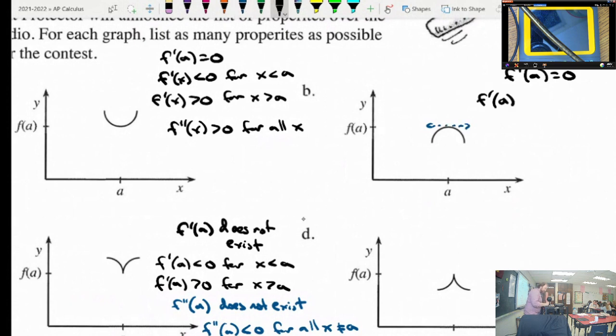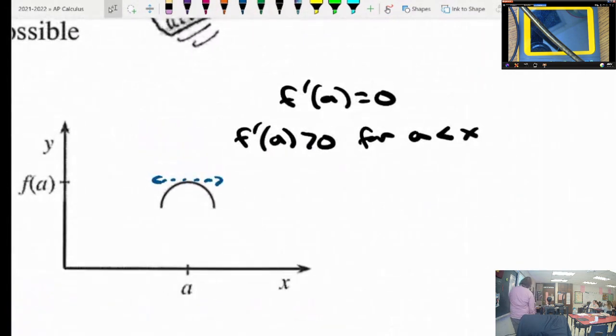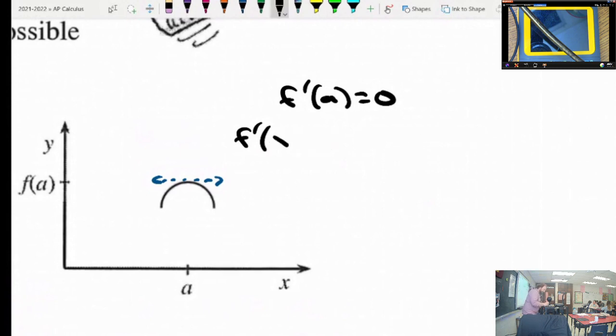So the derivative does equal 0, but now the derivative increases. F prime of x is greater than 0 for x that are less than A, because A is a fixed point.